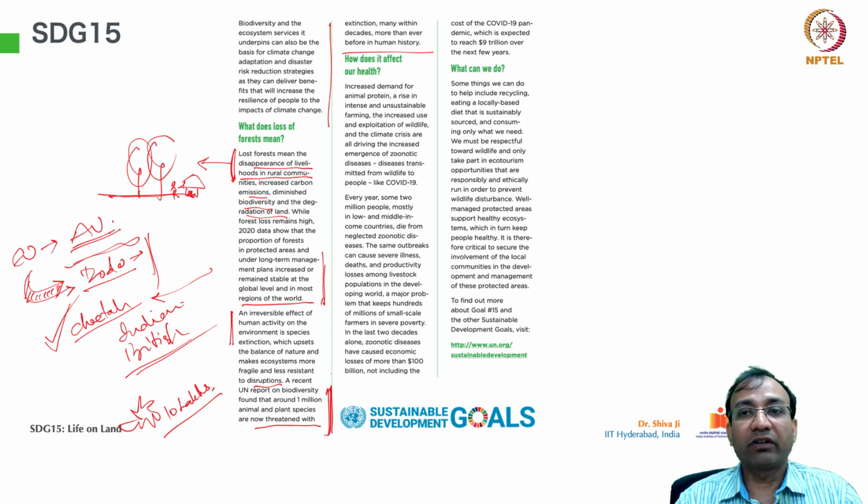How does it affect our health? Increased demand for animal protein, a rise in intense and unsustainable farming, increased use and exploitation of wildlife, and the climate crisis are all driving the increased emergence of zoonotic diseases transmitted from wildlife to people, like COVID-19.